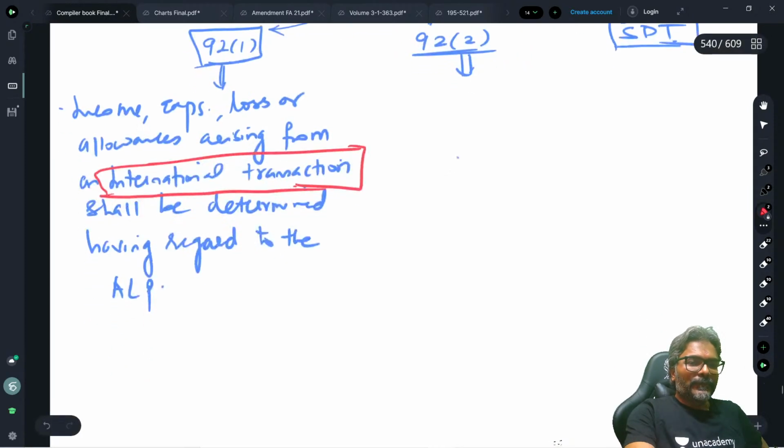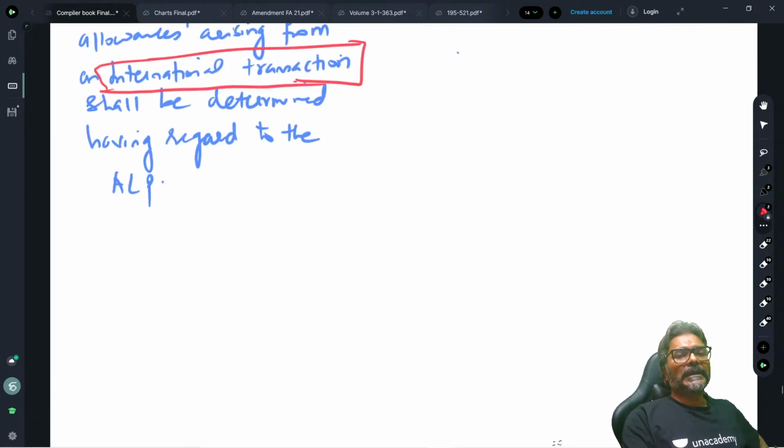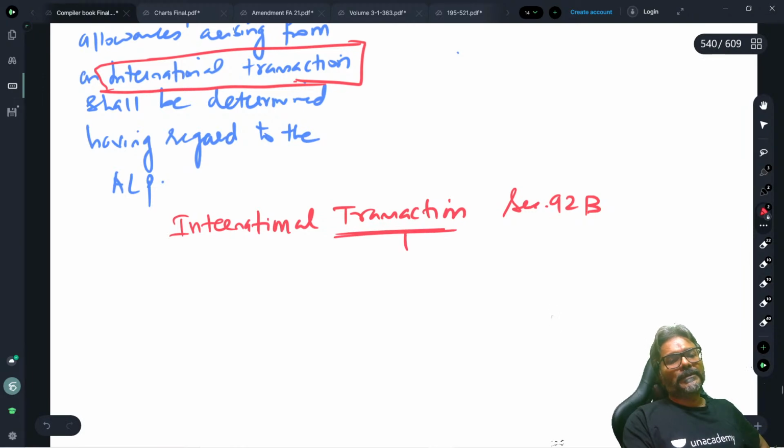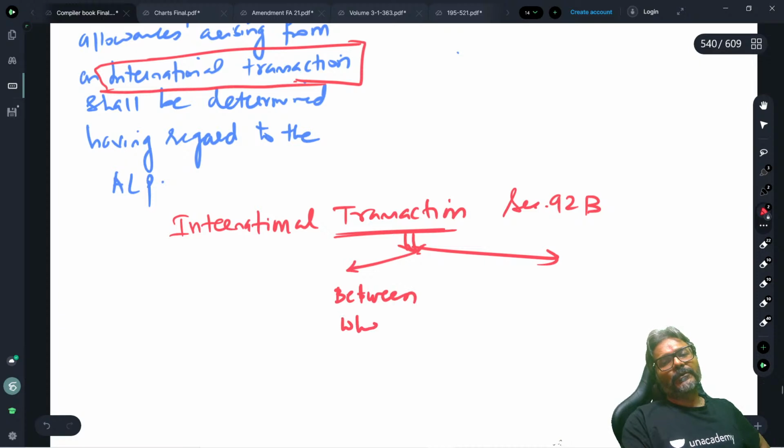So now, students, let's break it down. International transaction, and that is section 92B. First of all, there has to be a transaction, and the transaction should be between whom, and in respect of what?